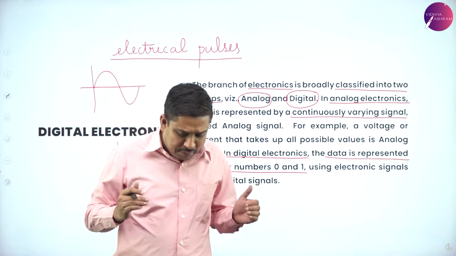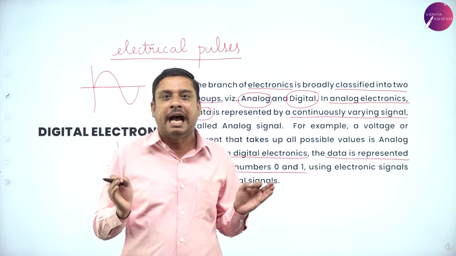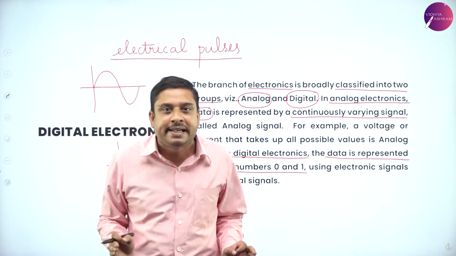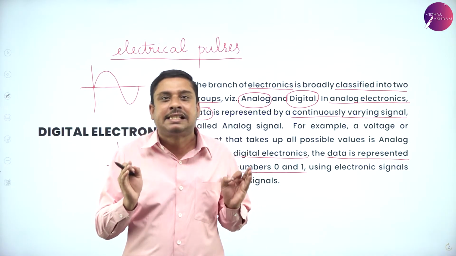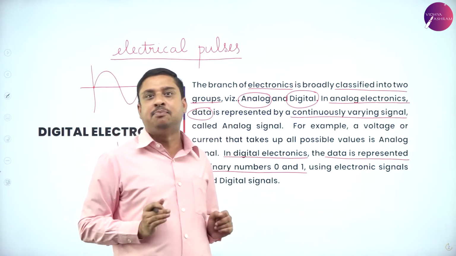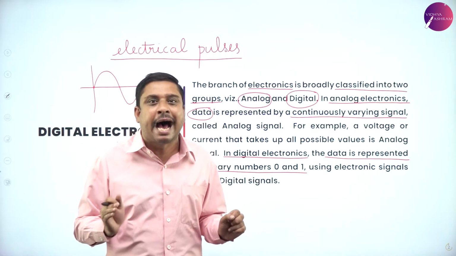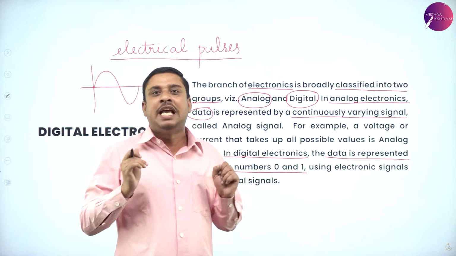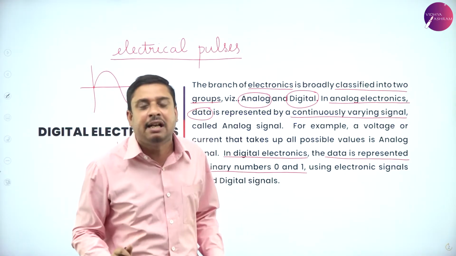So beautifully, to understand the introduction, fundamentally electronics is classified into two types. One, what we call as analog electronics. The other one, what we call as digital electronics.